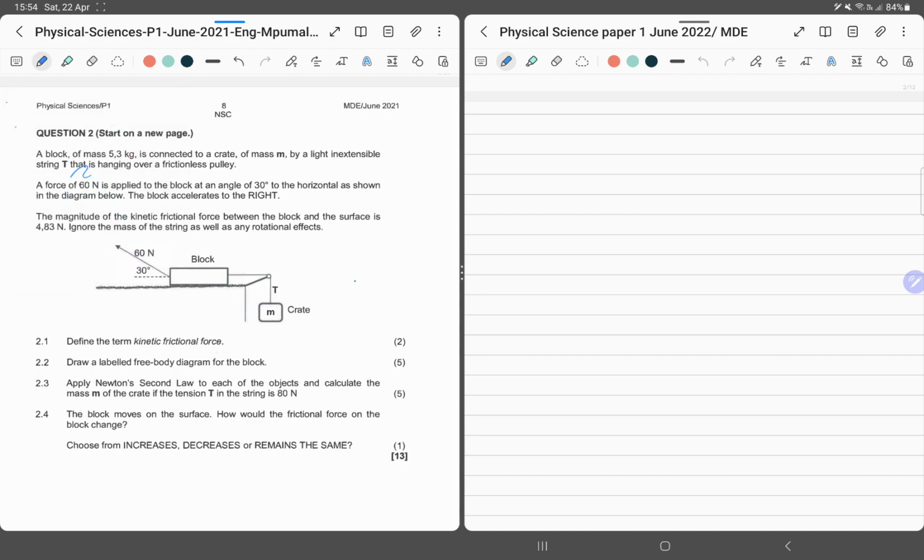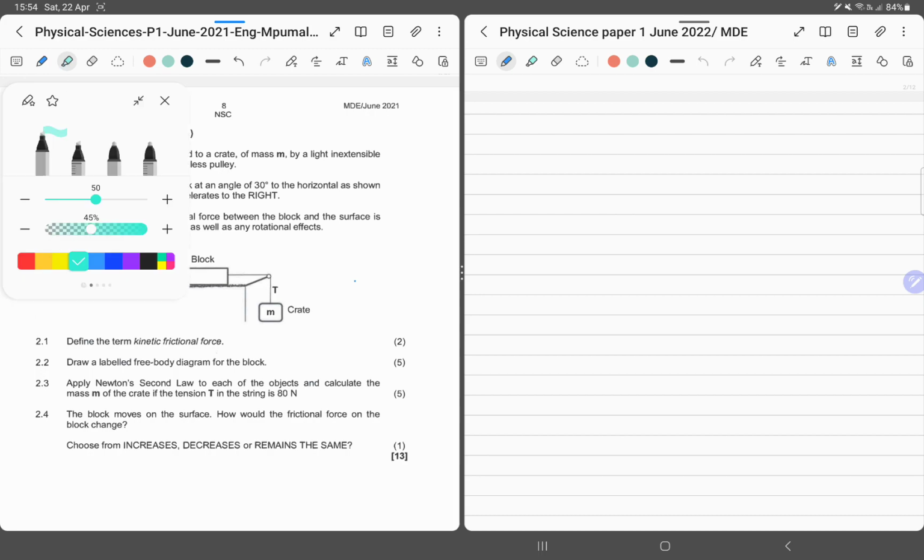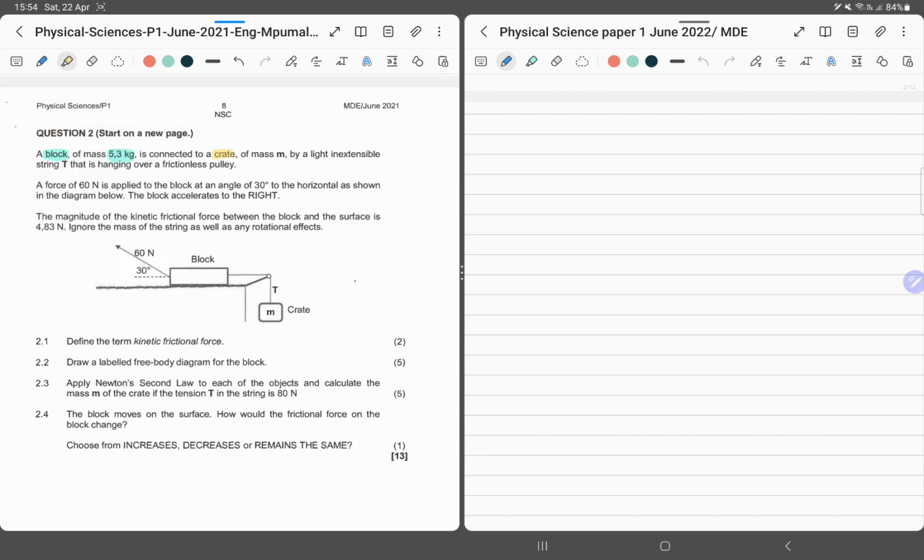Alright, so we're told here a block of mass 5,3 kgs is connected to a crate. Okay, so we're dealing with a block versus a crate of mass M. They are connected by a light and inextensible string T. We already know what that is if you've been following my channel, so I'm not going to go over it.